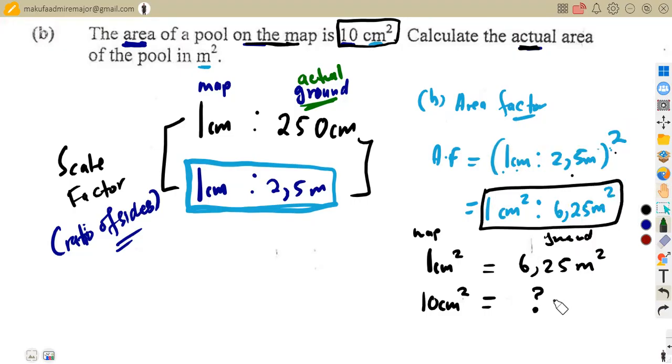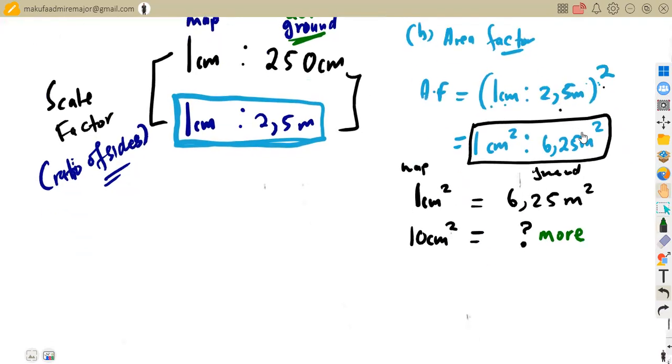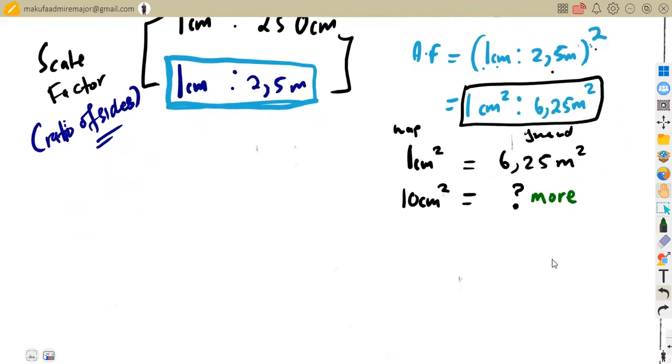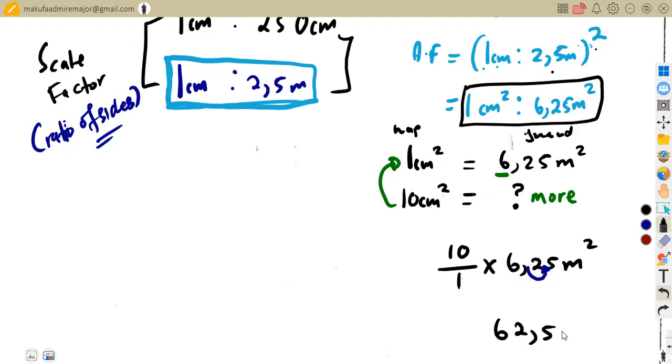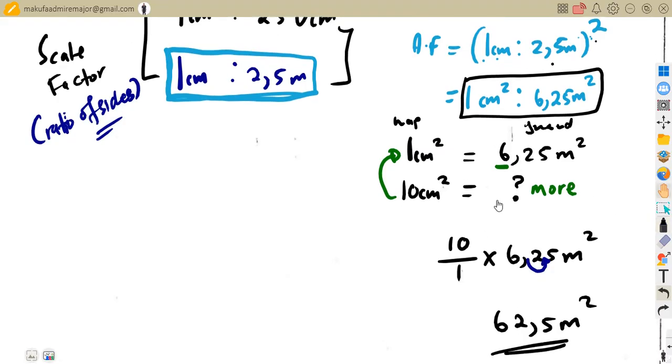That means at the end, we are going to have 10 over 1 times the corresponding area in square meters. Multiplying by 10 simply means we move the comma 1 place to the right. So we are going to obtain 62,5 square meters. So that is the whole idea of our question.